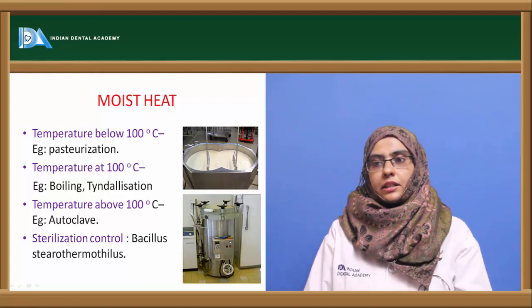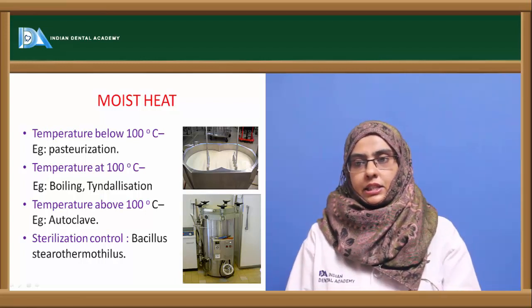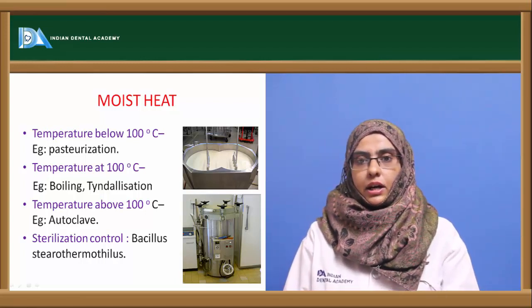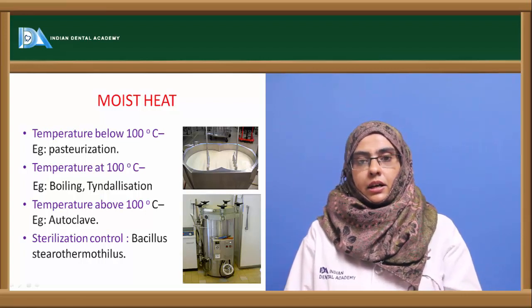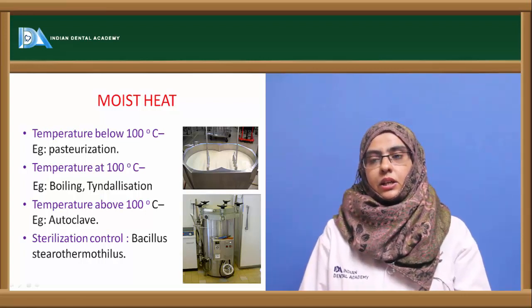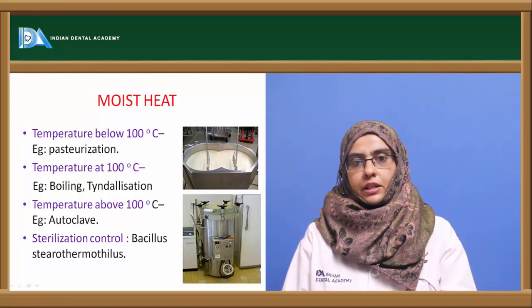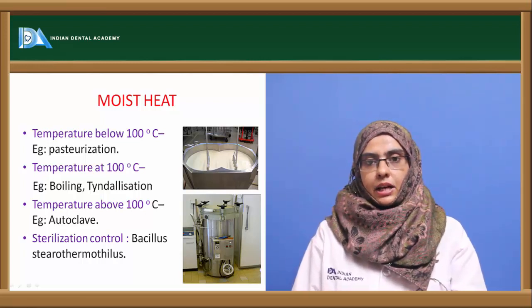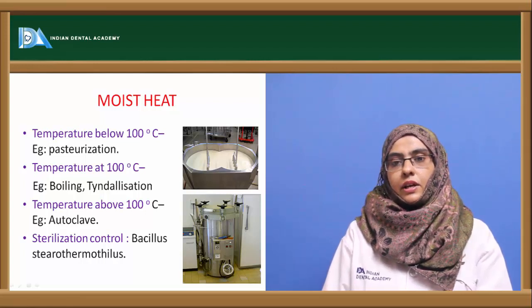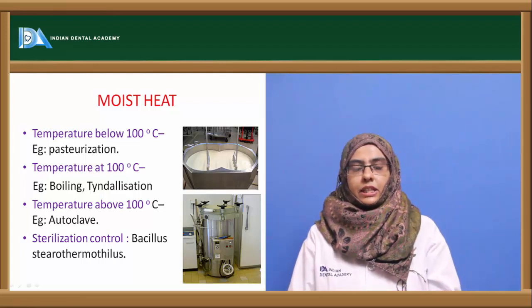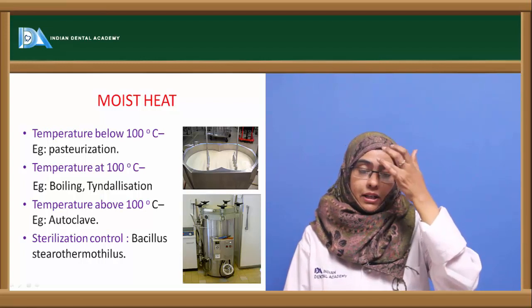The next moist heat sterilization is at temperature above 100 degrees centigrade, and the instrument used is the autoclave. It is the best method of choice in the microbiological laboratory to sterilize media and other components. The autoclave works on the principle of steam sterilization, or steam under pressure.